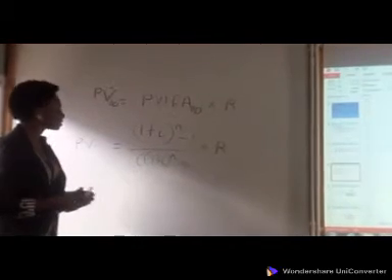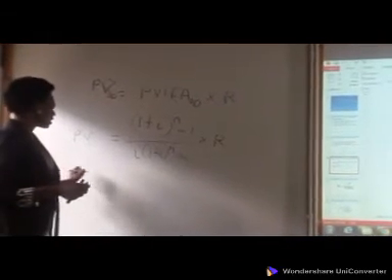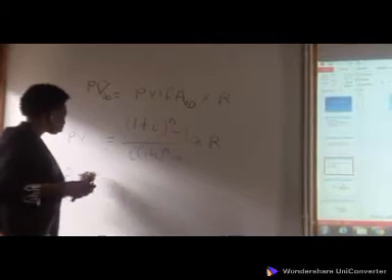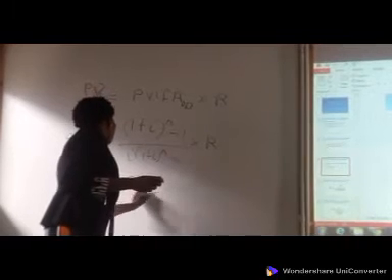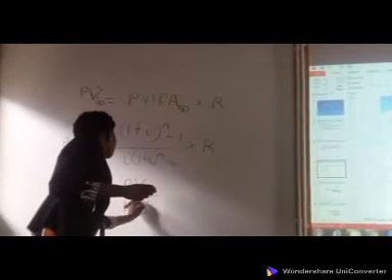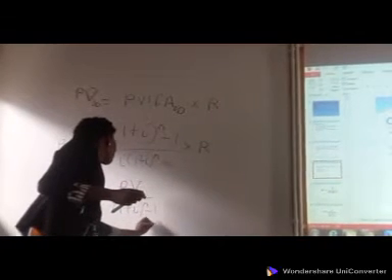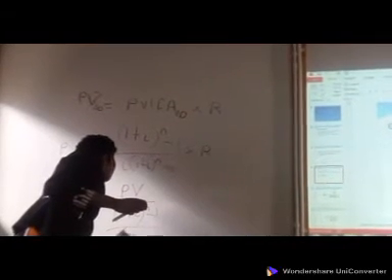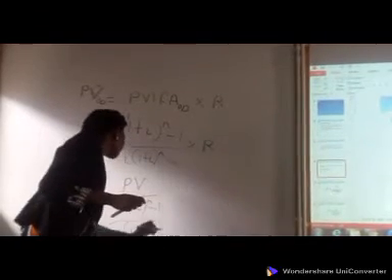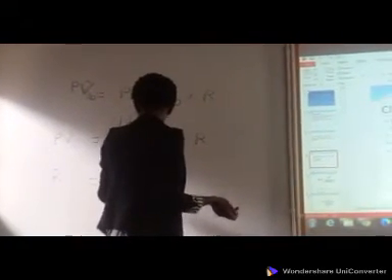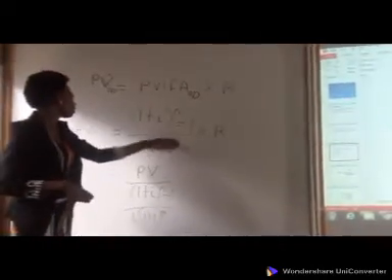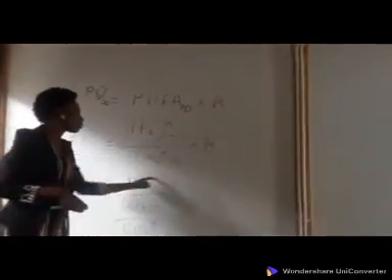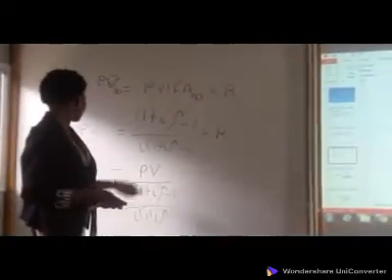R is equal to the present value all over (1 + i)^n - 1 all over i(1 + i)^n. To make R the subject of the formula, we simply divide both sides by this factor.